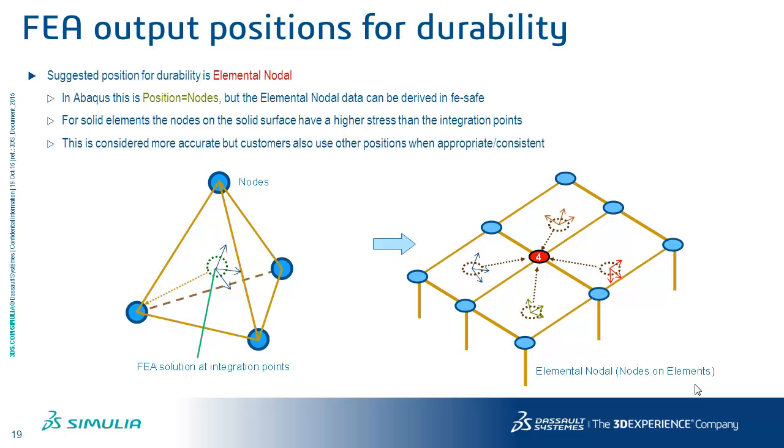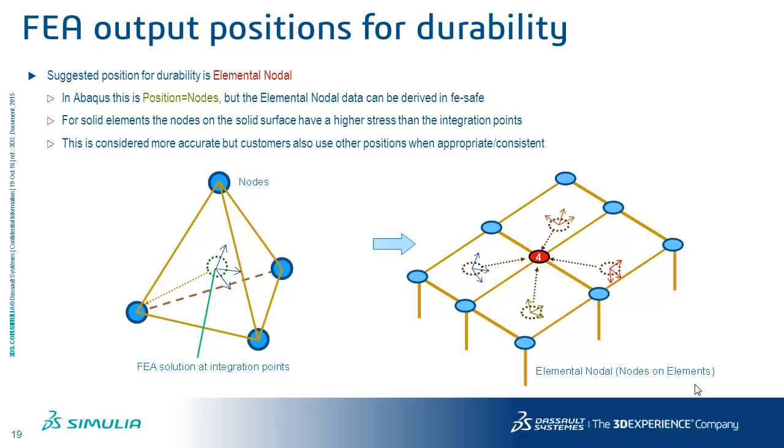Our recommendation is the element nodal, and we understand that if we use that, it will increase the ODB size a lot. So we provided how to reduce the ODB size by just writing the element nodal information.